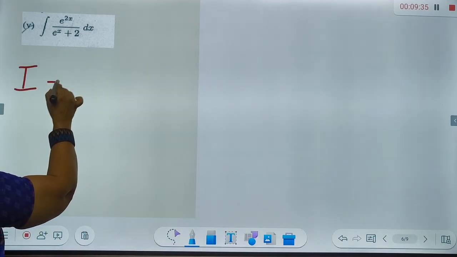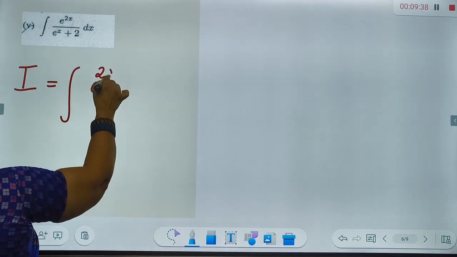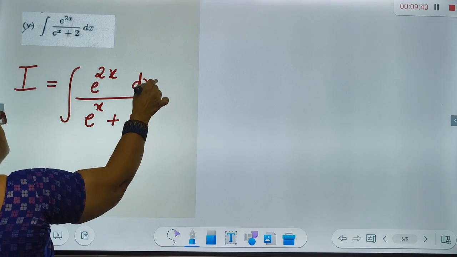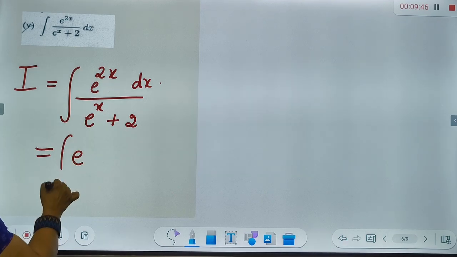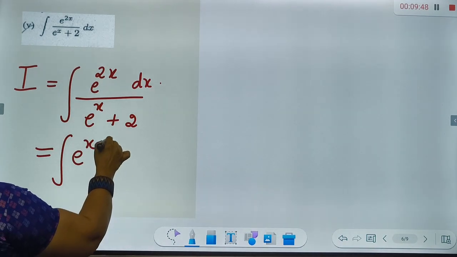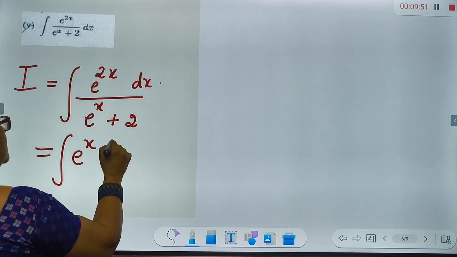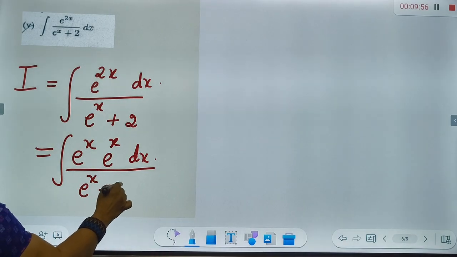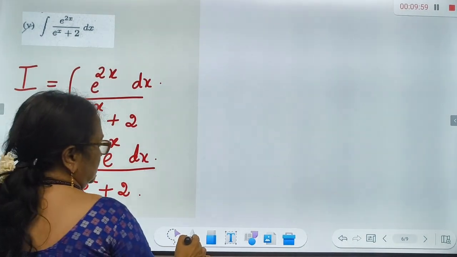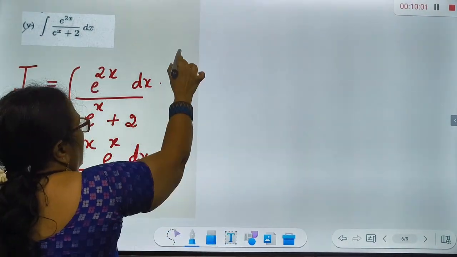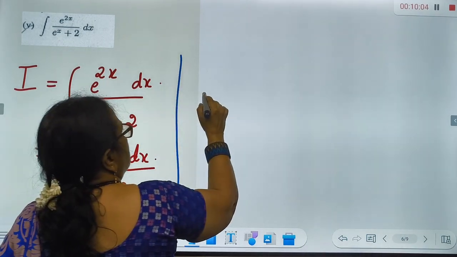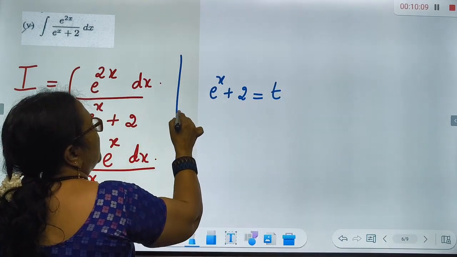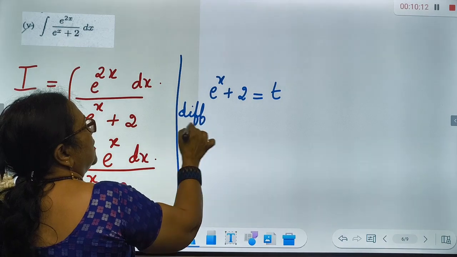So you have I equal to the integral of e power 2x by e power x plus 2 dx. Now e power 2x, I can write as e power x into e power x, dx by e power x plus 2. Now, suppose I take the denominator as t, that is e power x plus 2 equal to t. Differentiating, what will we get?